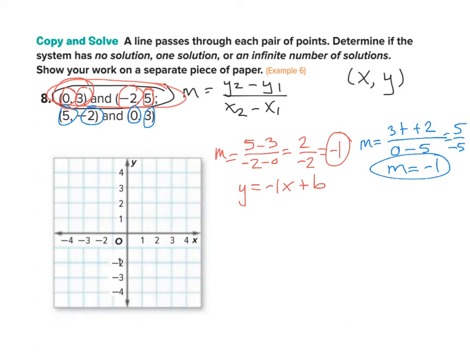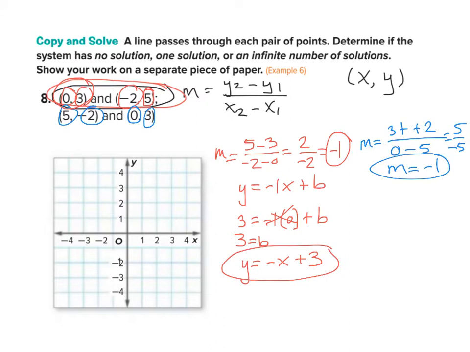So 3 will substitute in for y. Negative 1 times 0, which will substitute in for x, plus b. Negative 1 times 0 is just 0, so the y-intercept b is 3. So my equation for the first set of points is y equals negative x plus 3.